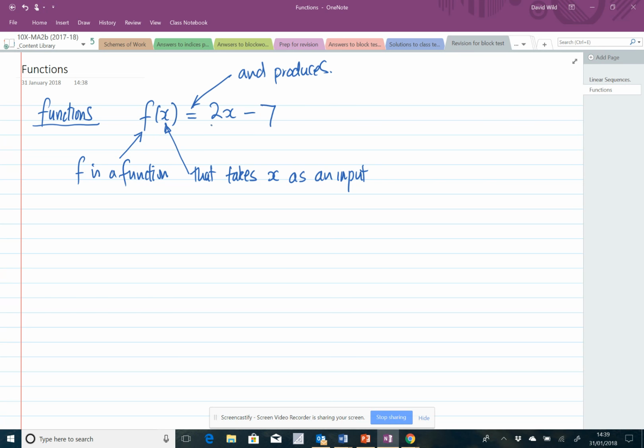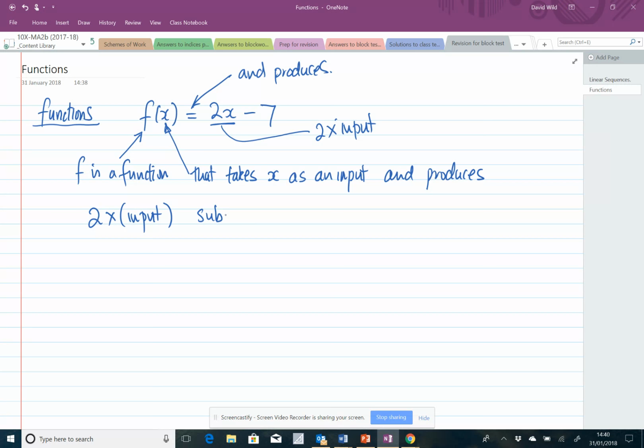Okay, now what does this mean? 2x, well, that's 2 times the input. So and produces 2 times the input. That's this bit. x was the input, so this is 2 times the input.